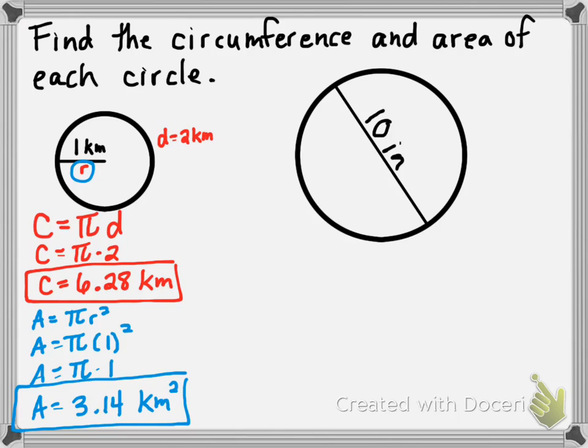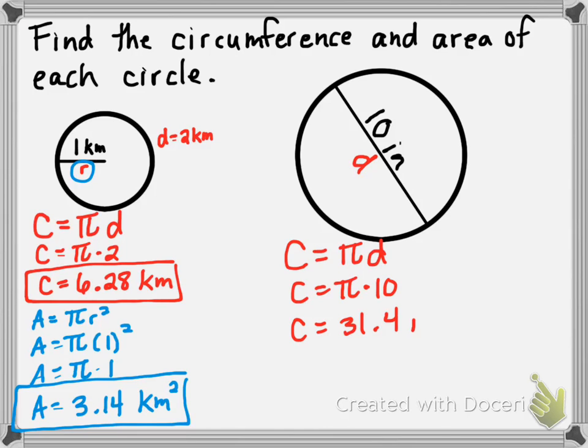Alright, and for the next one, I'm going to again find the circumference first. Okay, and it gave me the diameter this time. So I'm going to use that 10. I have pi times 10, so that's 31.4 inches. So now I've got to find the area.